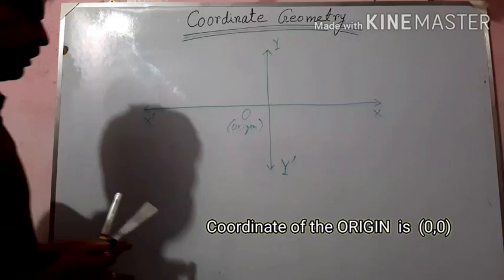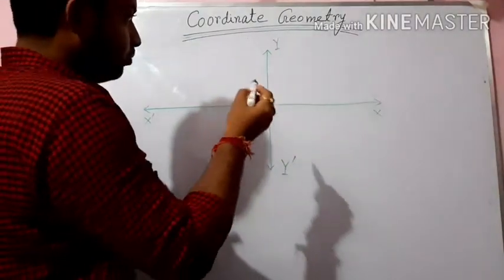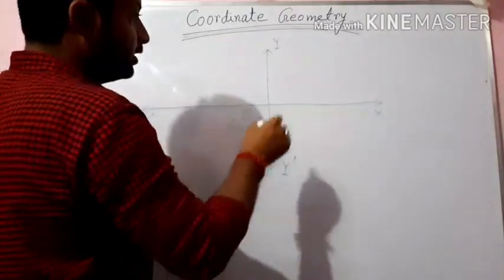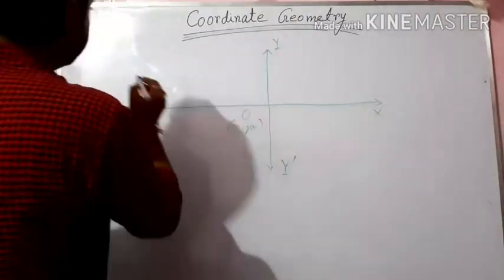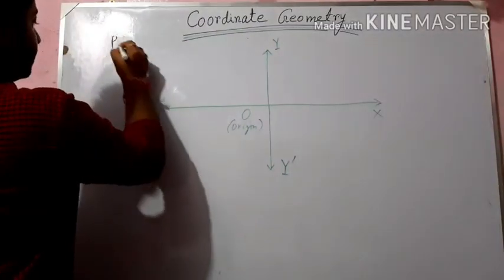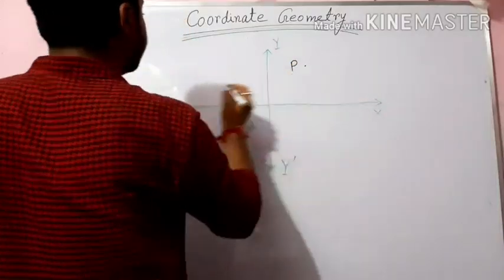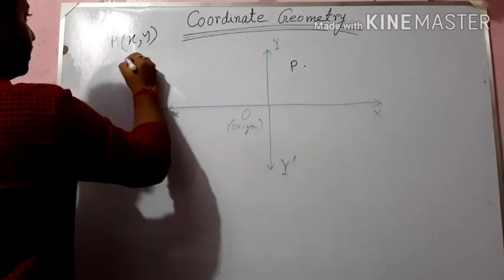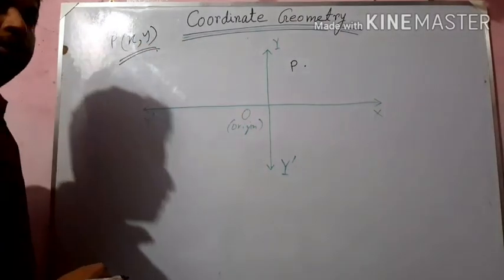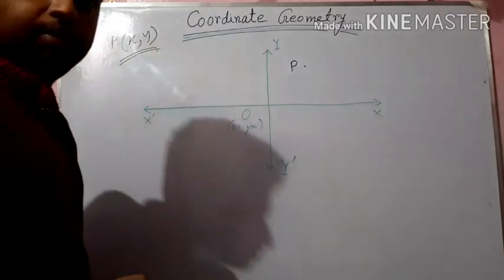And if any point lies on this Cartesian plane, then suppose P is a point lies here, that will be expressed as its coordinate x comma y. This is an ordered pair of real numbers, that is the x and y are real numbers.